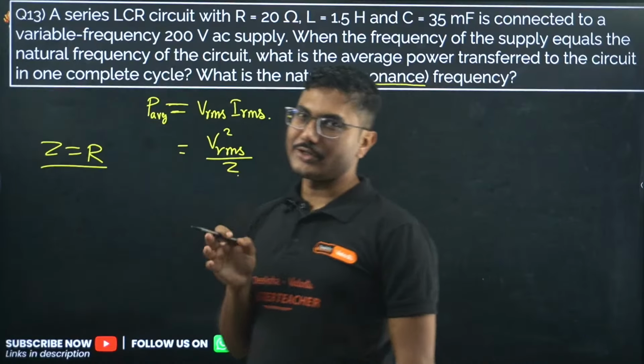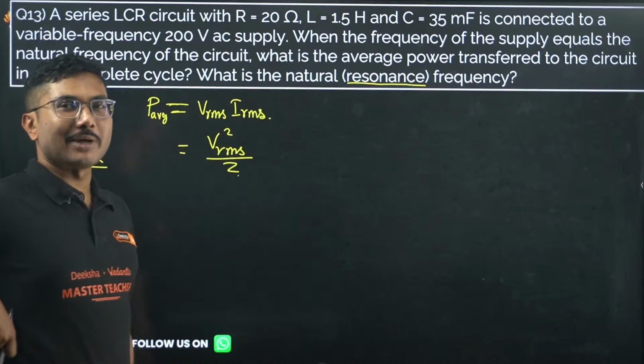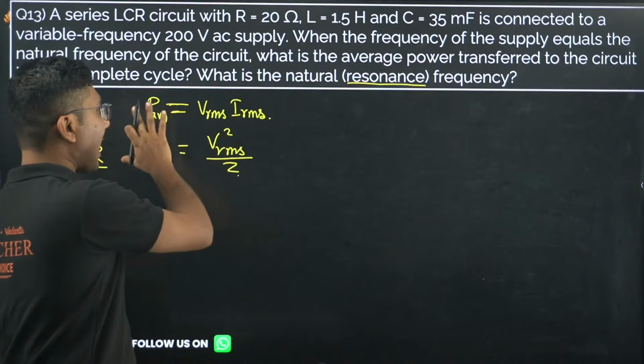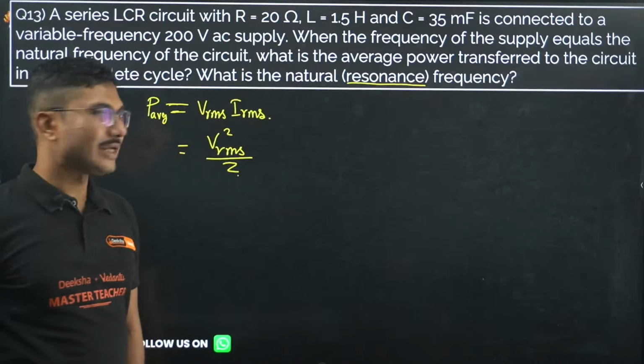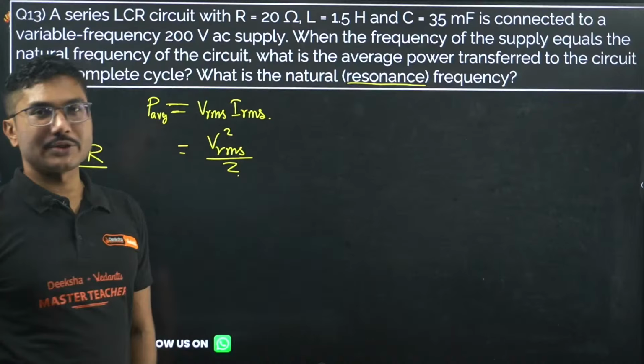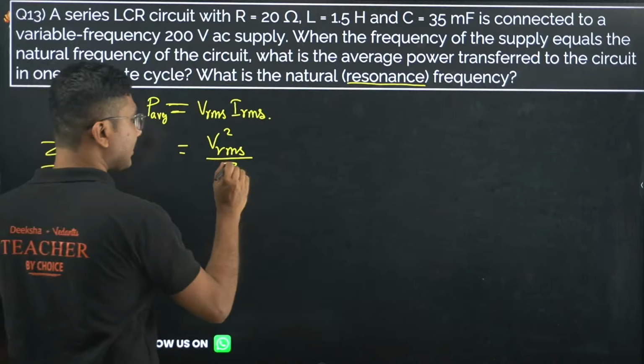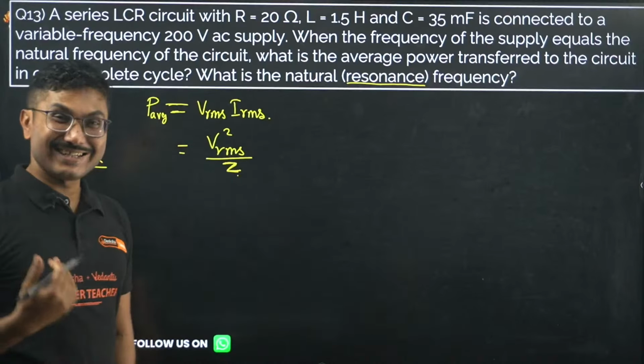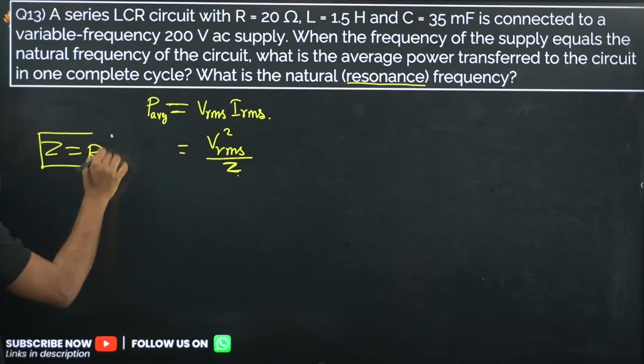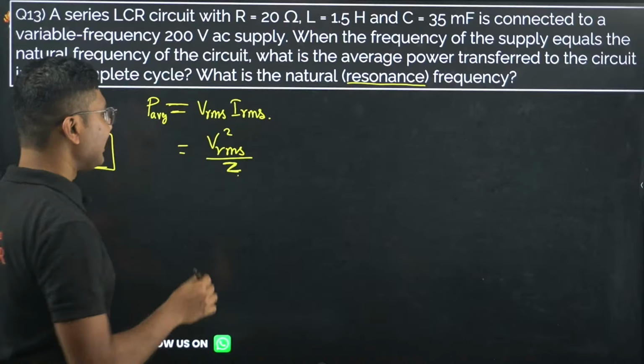Very easy question, but language-wise the question might seem difficult. Average power delivered is V RMS into I RMS, which equals V RMS square divided by the impedance of the circuit, and because the circuit is in resonance, the impedance is equal to the resistance of the circuit.